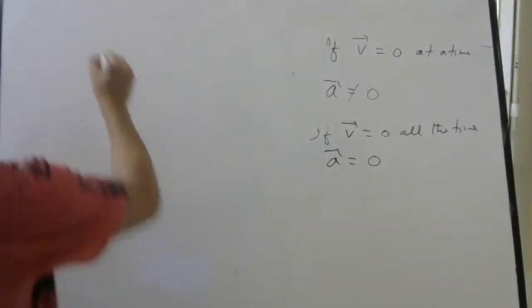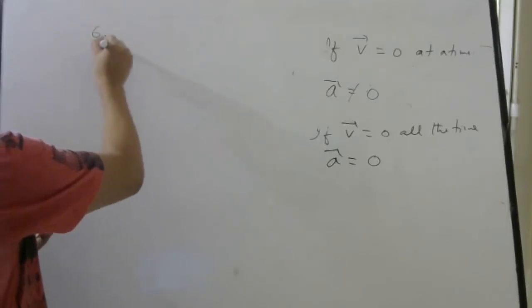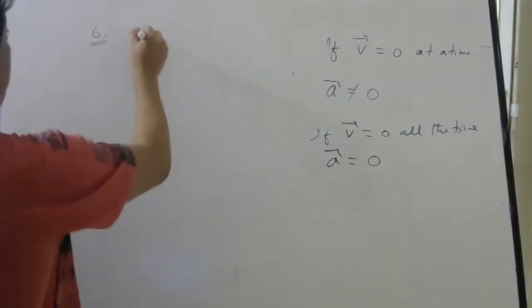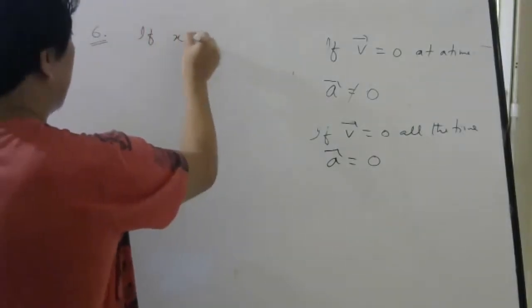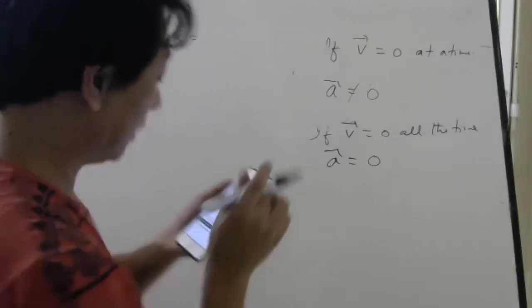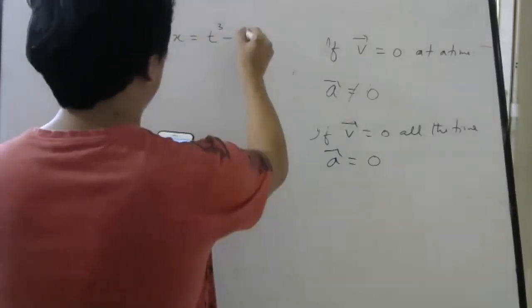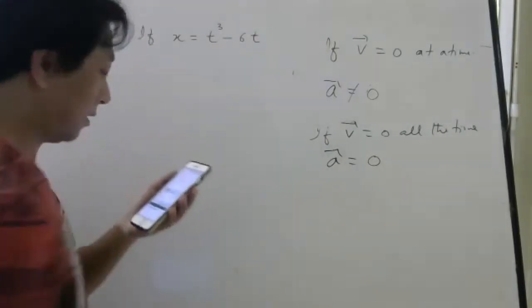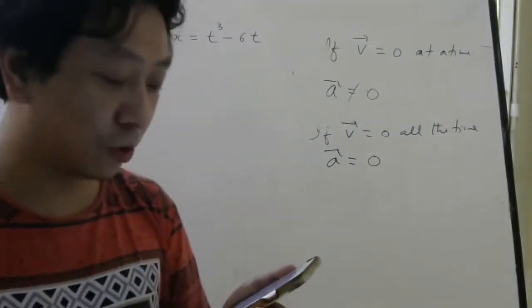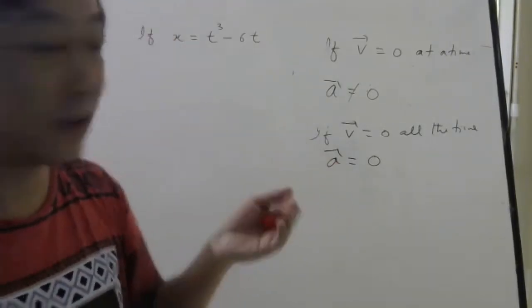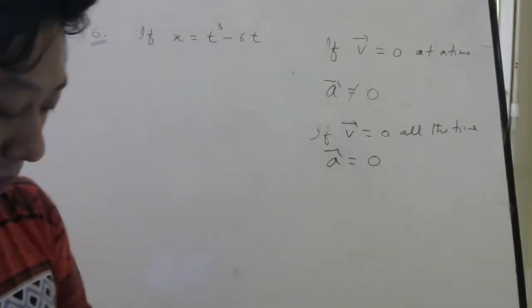Question number 6, you see now. If x is equal to t cube minus 6t. What is x? Coordinate of the particle, t, time.